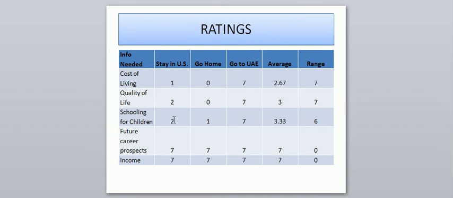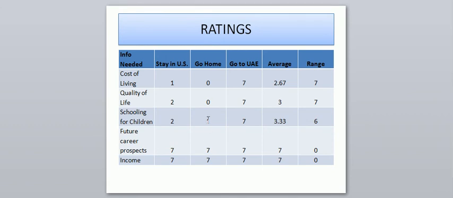The reason these are ranked low is because I'm currently living here and I have information enough about these 3 items. However, I don't have enough information about the future career prospects and the income, and therefore it's ranked at 7.